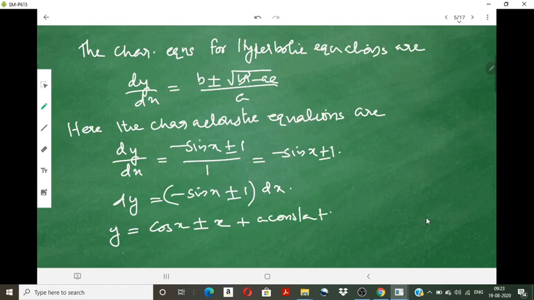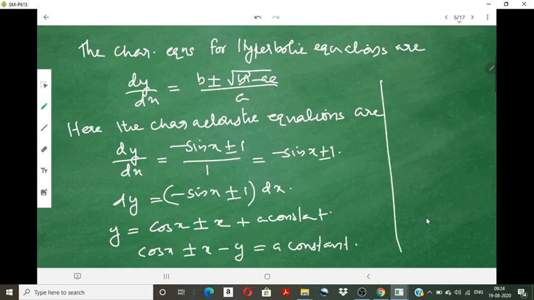Or we can write it as cos x plus or minus x minus y is equal to a constant. So we will take s as cos x plus x minus y and t as cos x minus x minus y. Okay. So this is our s and t, which are functions of x and y.